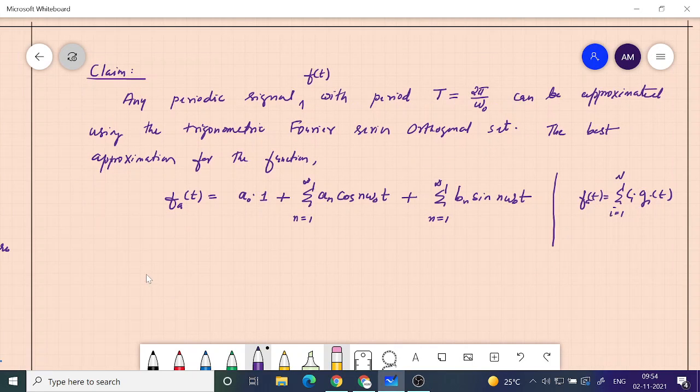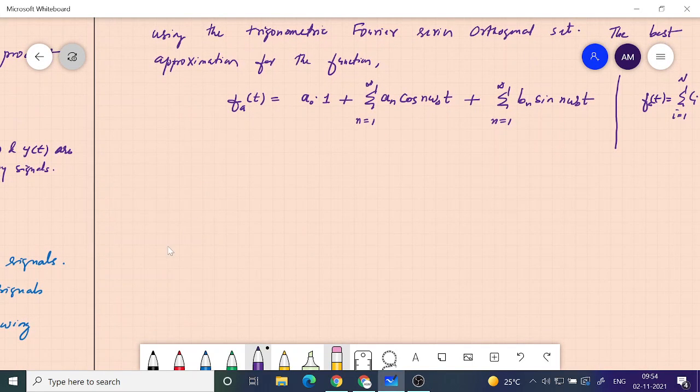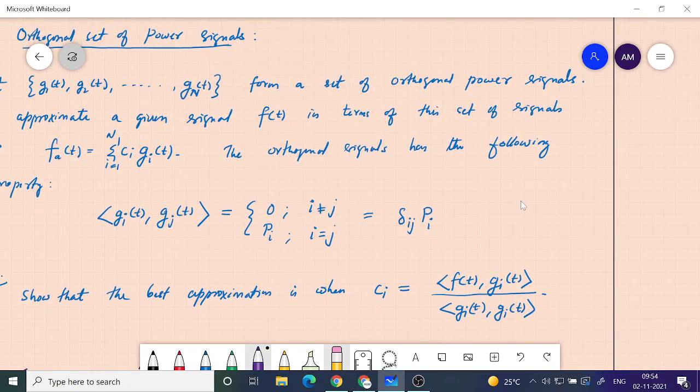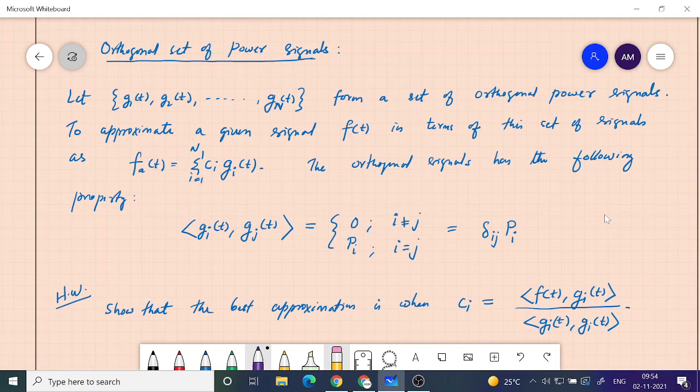So the only thing we did is fix the form of gi(t) here. Earlier I said the orthogonal set is given by g1, g2 up to gn. Now we are specifying what g1, g2, g3 are. For example, g1 is 1, g2 is sin omega 0 t, g3 is cos omega 0 t, g4 is cos 2 omega 0 t, and g5 is sin 2 omega 0 t.